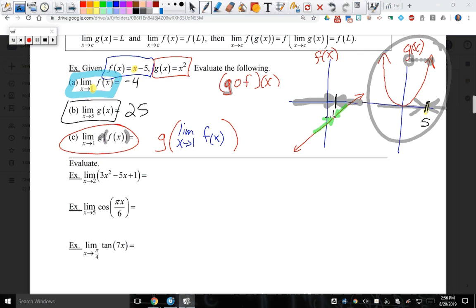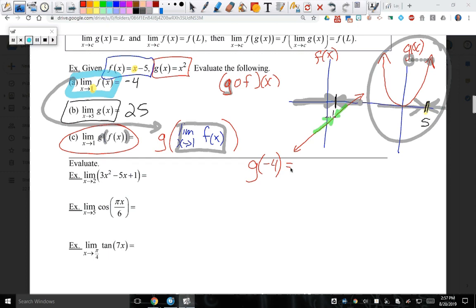And all I'm doing now is figuring out two answers. The first thing that I'm going to evaluate is a limit. It's this. And can someone tell me what's the answer to that? -4. We did it in part A. So the second step is not finding a limit, but just finding what is the y value on g at -4.